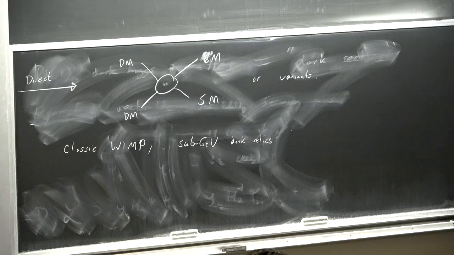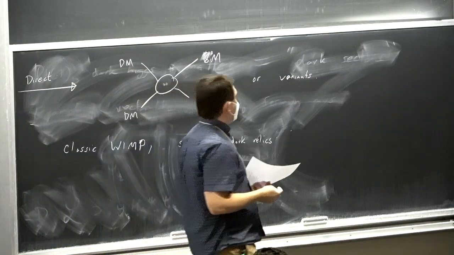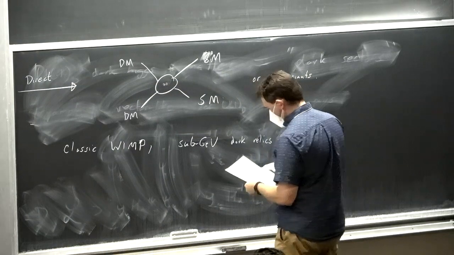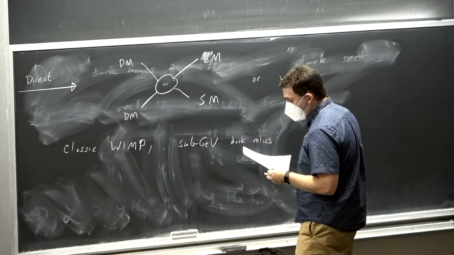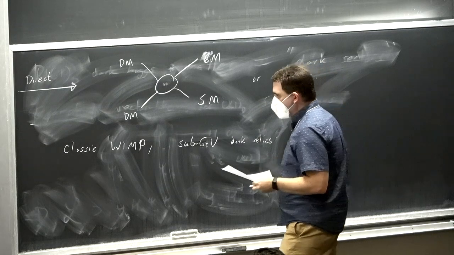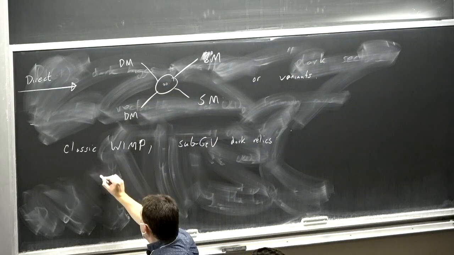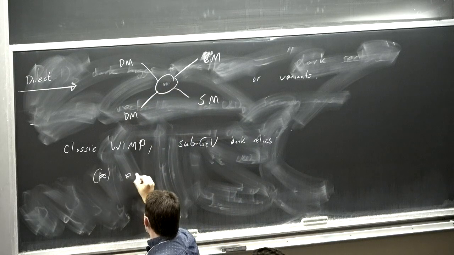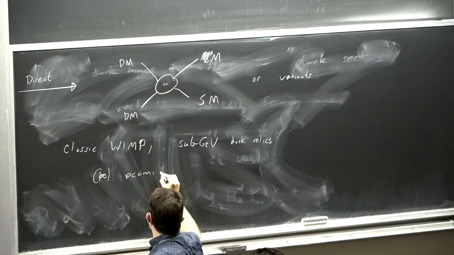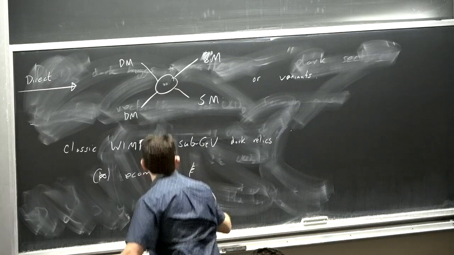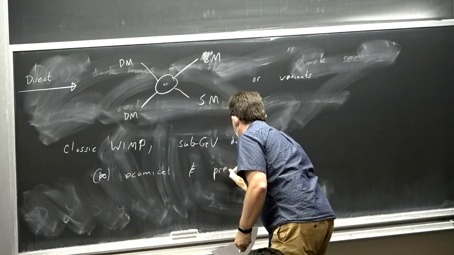Because then when experiments go off looking, there's at least some motivation for particular ranges of interaction strengths and mass scales to look for new degrees of freedom that you can just derive from the dark matter density. So the main virtue here is that these are economical and predictive. And that's why I'm going to primarily discuss them going forward.